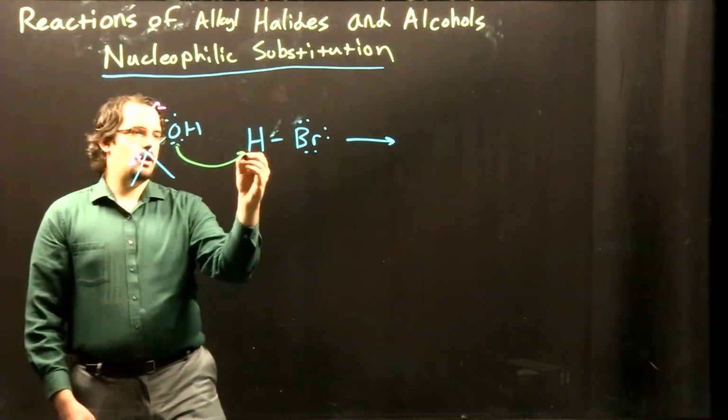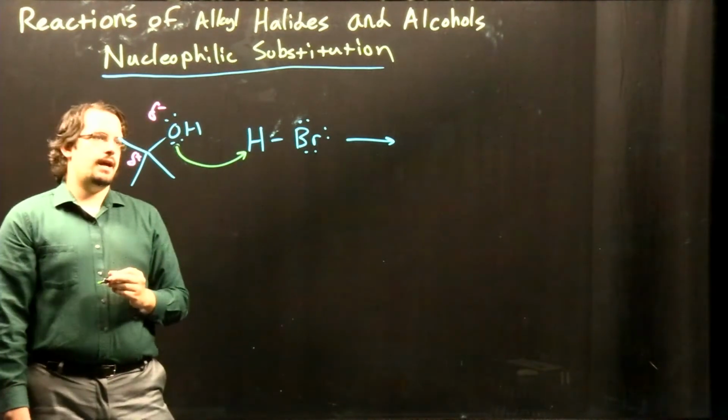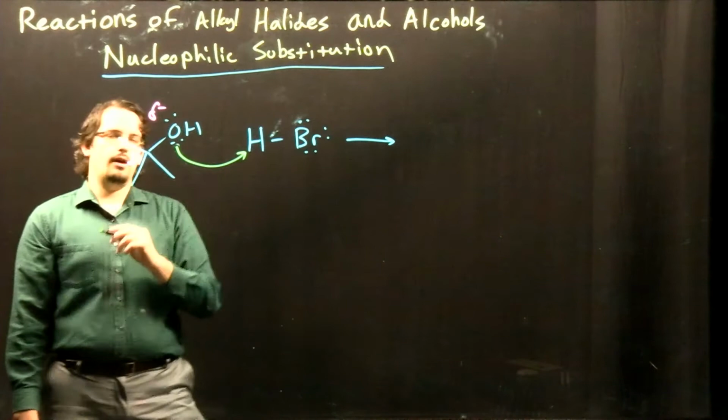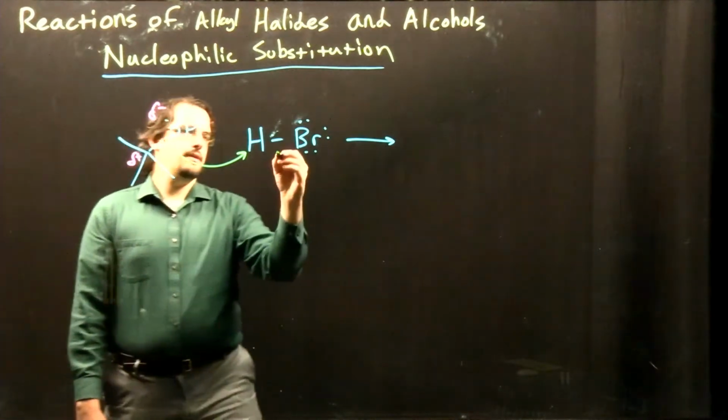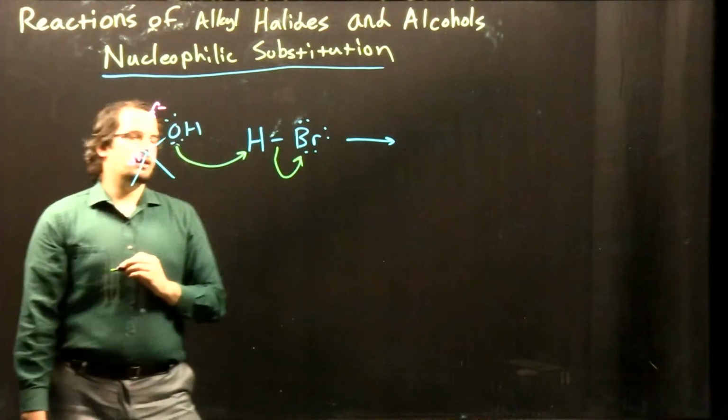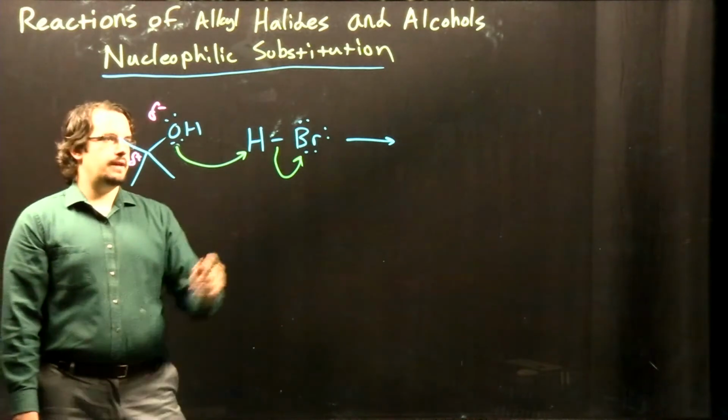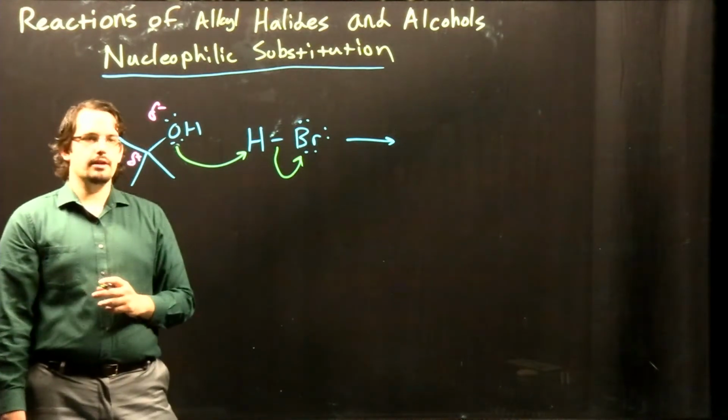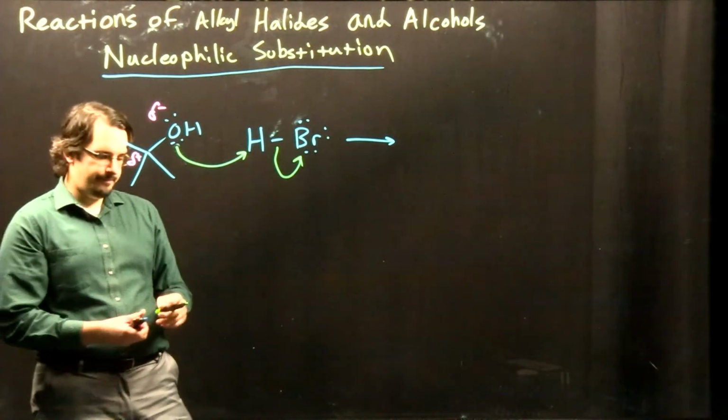So our alcohol will act as a base. We'll attack that hydrogen with our lone pair of electrons, and our bromine can then take those extra electrons as it donates the hydrogen in this acid-base reaction.